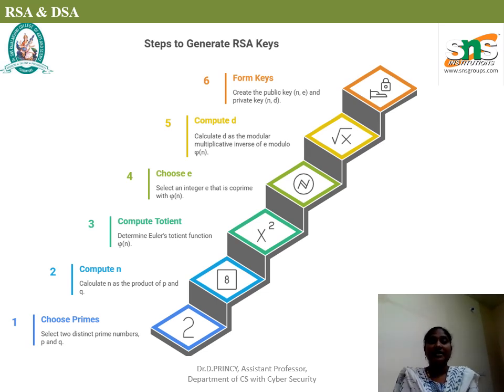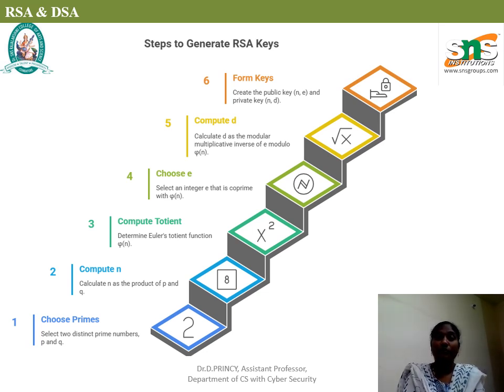The steps to generate RSA keys. First, we have to choose two prime numbers P and Q. Next, we have to compute n. N is nothing but the product of P and Q. Next, we have to compute the totient, which is the Euler's totient function, totient of n. Next, choose E. E is an integer that is co-prime with totient of n.